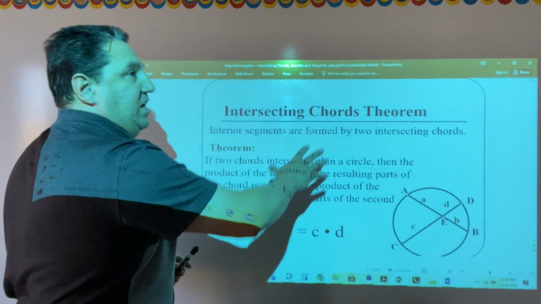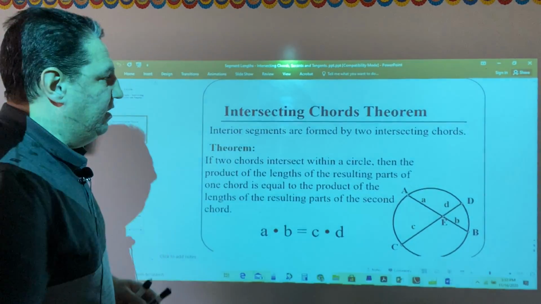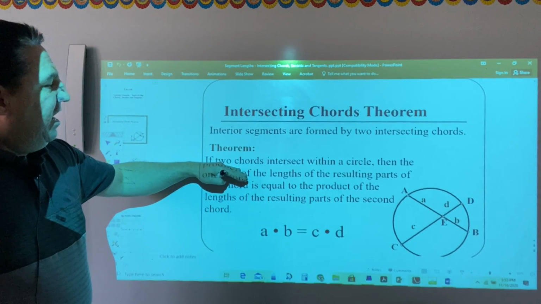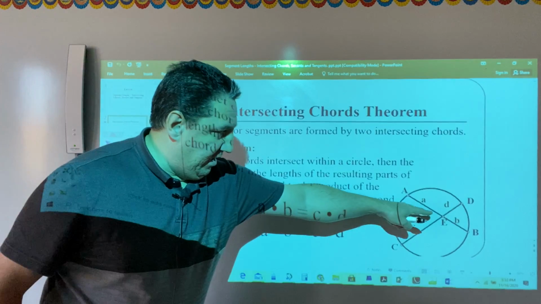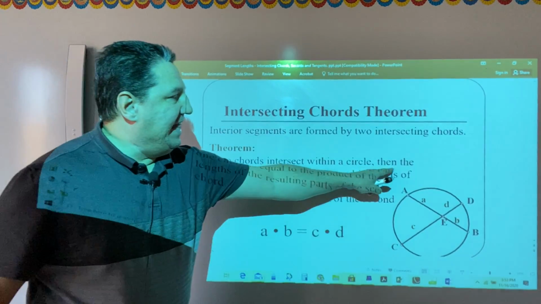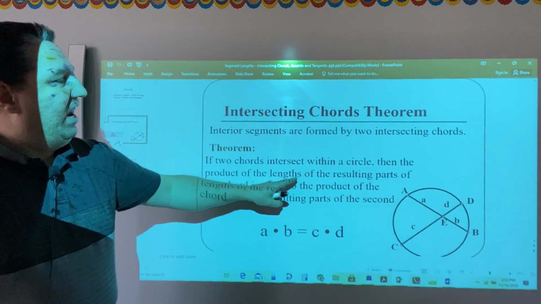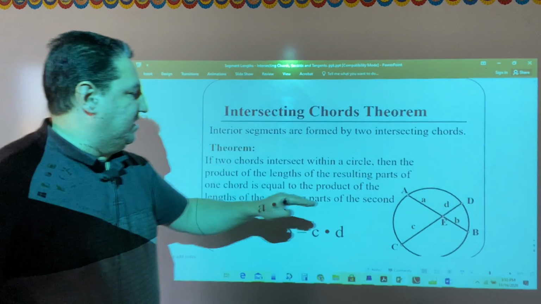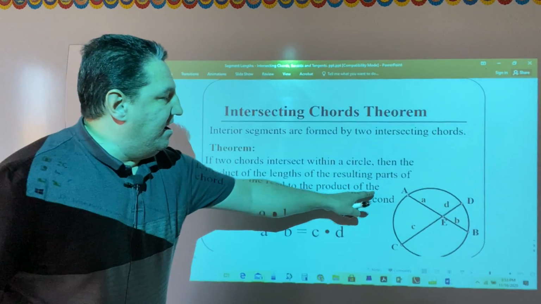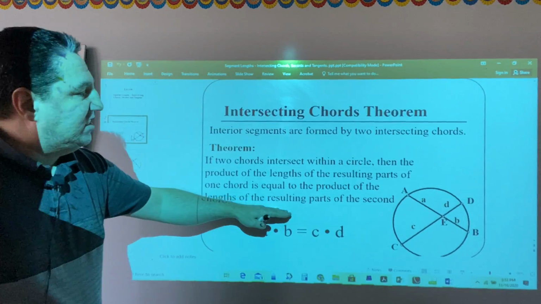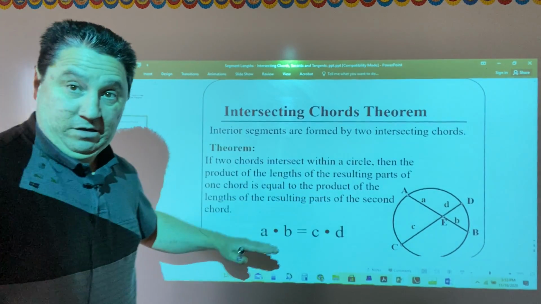Now we have a theorem that states if 2 chords intersect within a circle, then the product of the lengths of the resulting parts of one chord is equal to the product of the lengths of the resulting parts of the second chord.